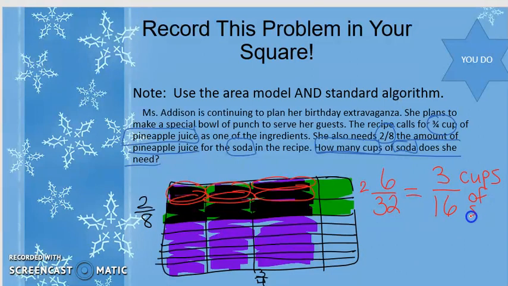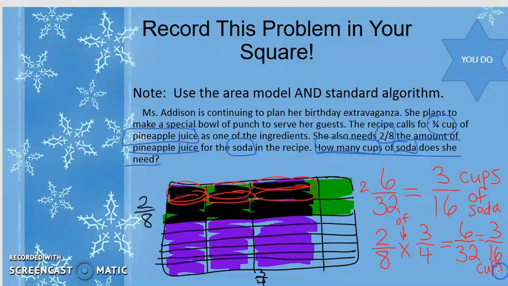And if you did the standard algorithm, once again, you would just simply say 2/8 multiplied, because remember this means of our 3/4 pineapple, because we want 2/8 of the amount of the pineapple juice. And you would once again come to 6 32nds, or 6 over 32, which is equal to 3/16 cups of soda.